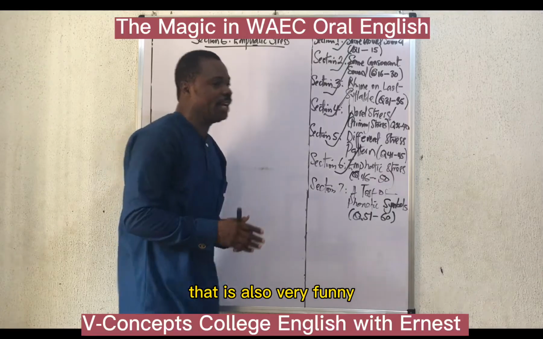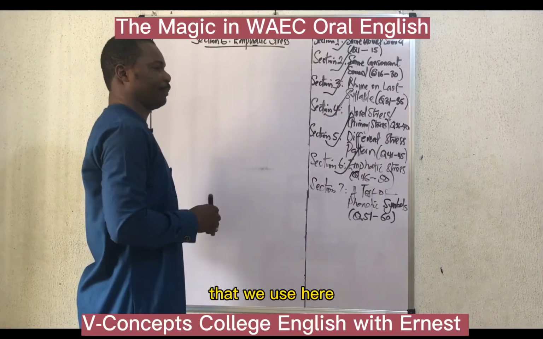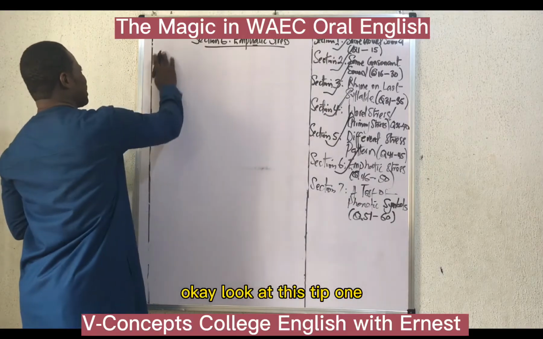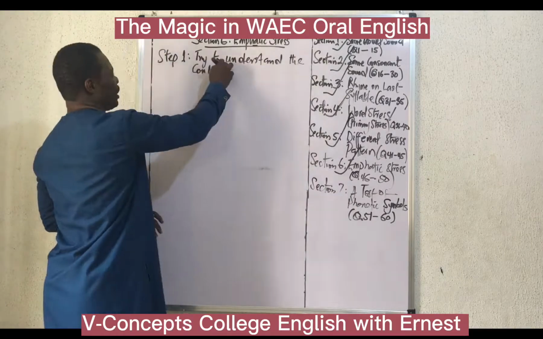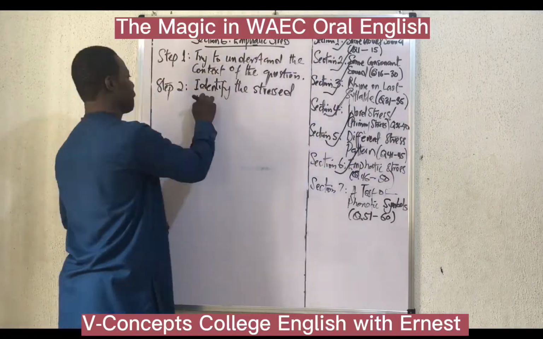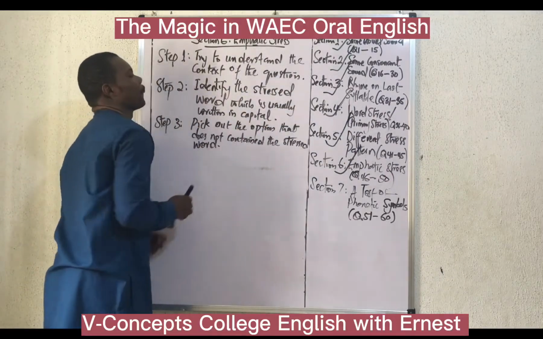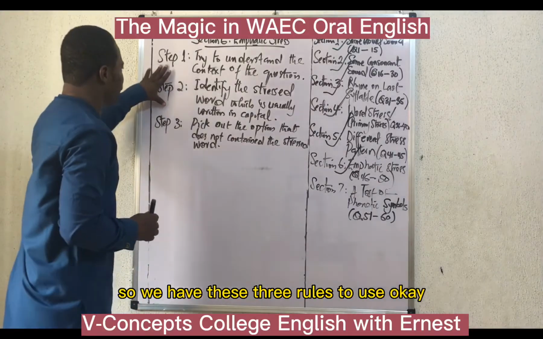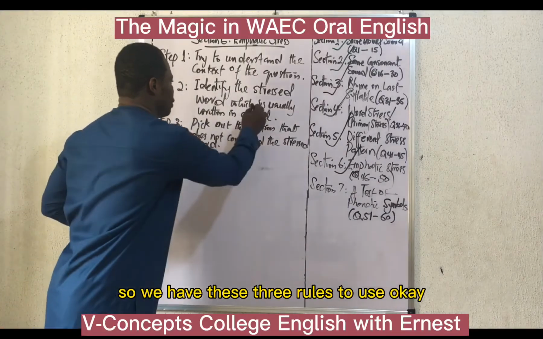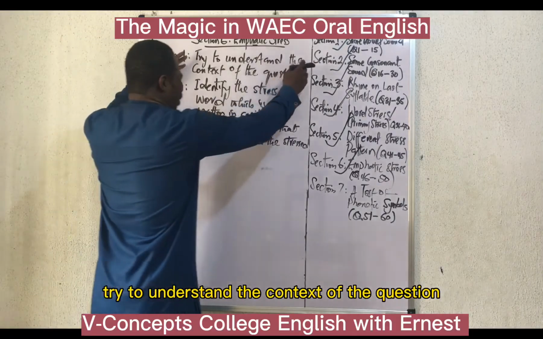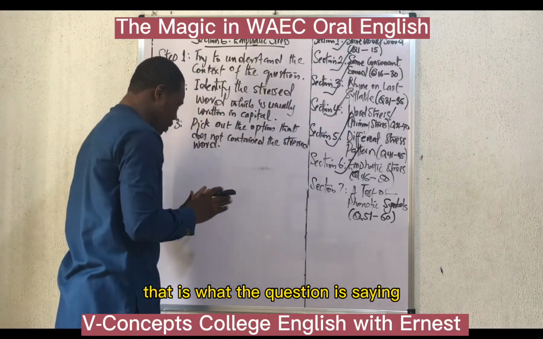It's also very funny. So what are the rules that we use here? Step 1, we have these 3 rules to use when you are dealing with emphatic stress. Number 1, try to understand the context of the question, that is what the question is saying.